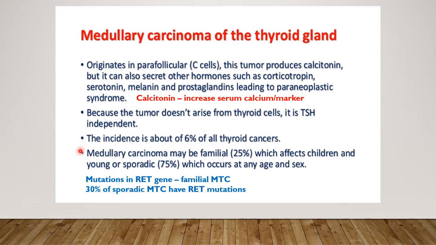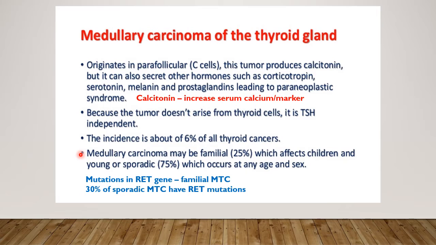Medullary carcinoma may be familial in 25% of cases, and this familial type usually affects children and young adults. The more common sporadic type, which constitutes about 75% of medullary carcinomas, can occur at any age and in either sex.